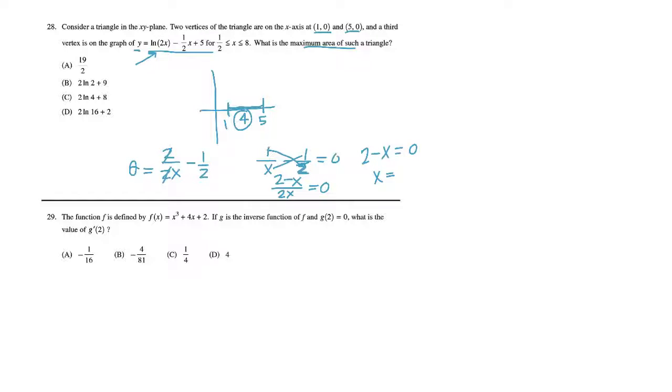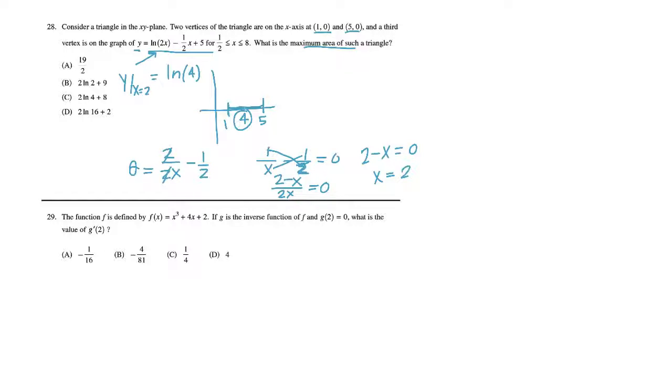So notice we have x equals 2. Now what I need to do is go back and substitute that into the original. We know that's a critical value. And so my y value here at x equals 2 is going to be natural log of 4.